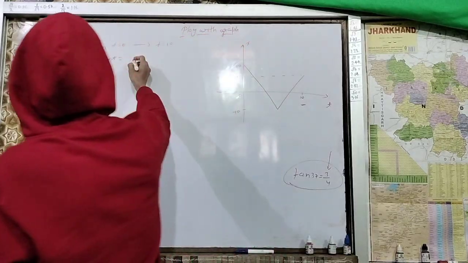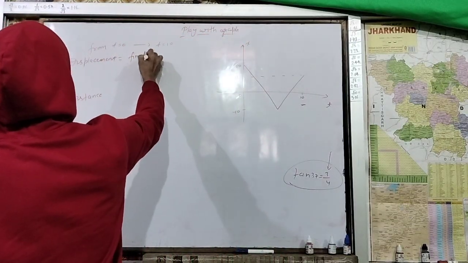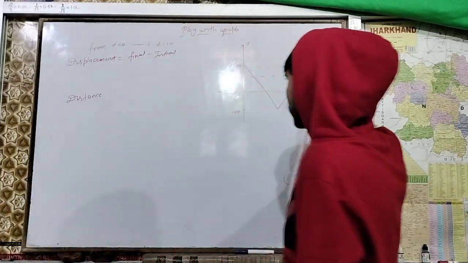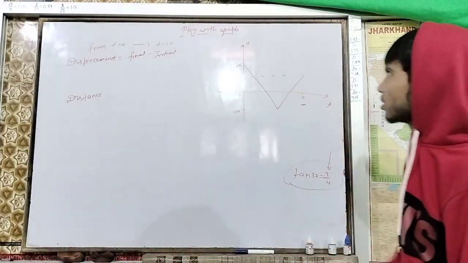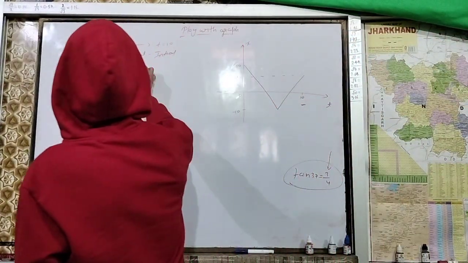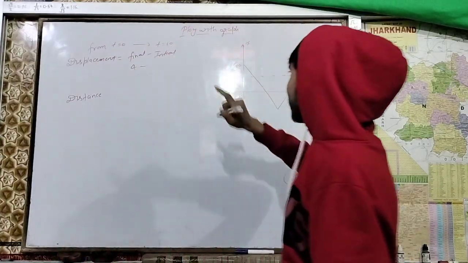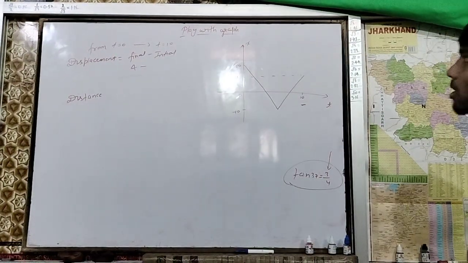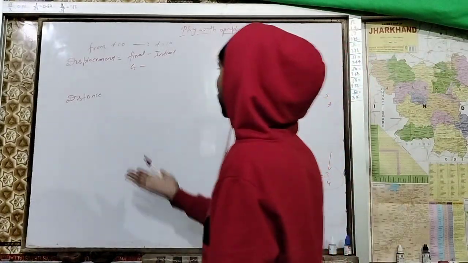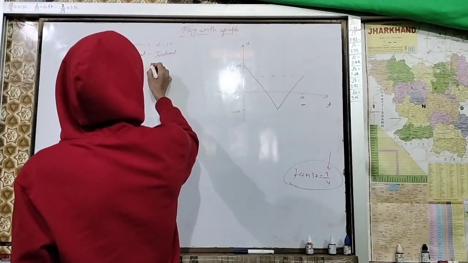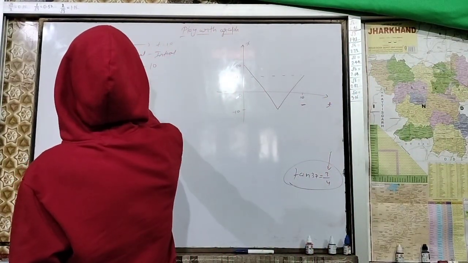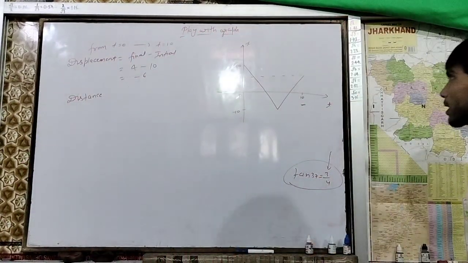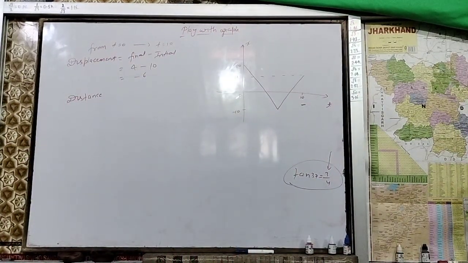Displacement is equal to final minus initial. The value of the final location is 4, which is positive. The initial location of the particle is positive 10. So 4 minus 10 becomes negative. So displacement is nothing but minus 6. That is how you will find it.